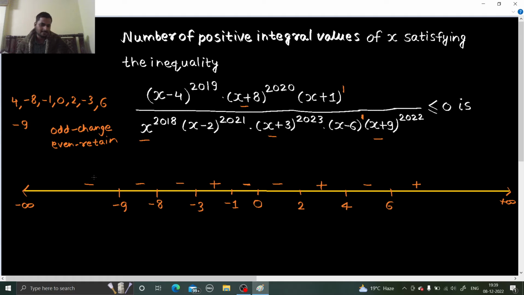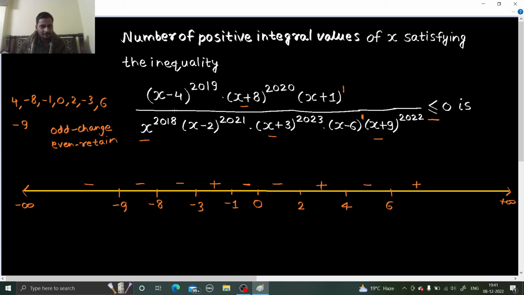What is the next job which I have to do? We have to mark those points which will be included in our answer. Because it says less than or equal to 0, look at this sign of inequality, all those points which will make this expression equal to 0 will be there in our answer.